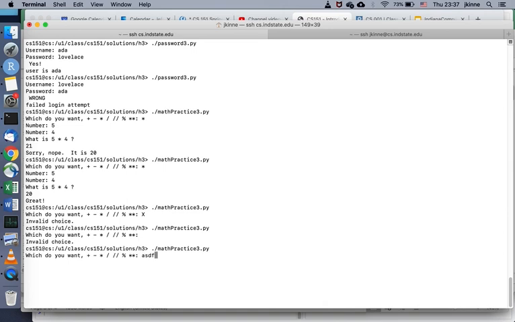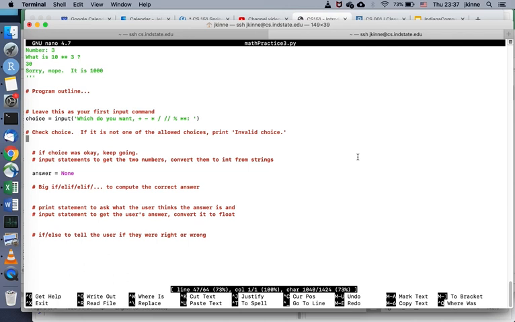Anything that I type that's not one of those options should print invalid choice. That's going to be an if right there. You can check that the choice is equal to one of these with a big bunch of ors, or you can check that it's not any of them.